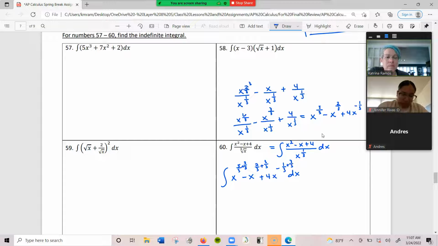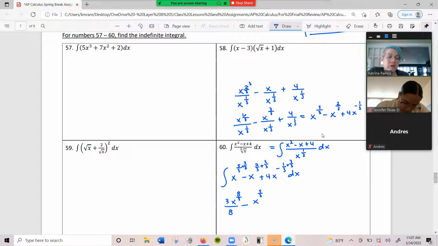And then we need to divide by the new exponent, which, dividing by 8 over 3 is multiplying by the reciprocal. So we're going to put 3 over 8. Minus x to the 2/3 plus 3 over 3 will be 5 over 3. And then dividing by 5 over 3 is multiplying by 3 over 5.